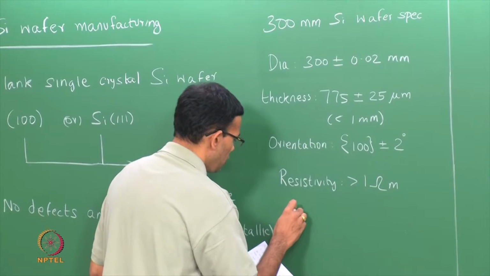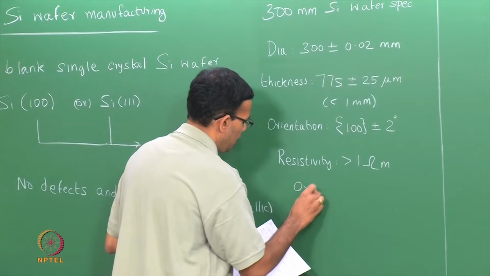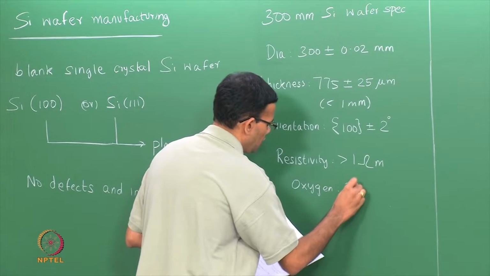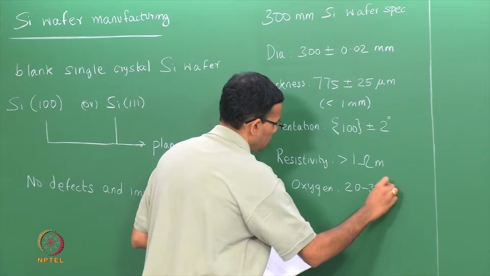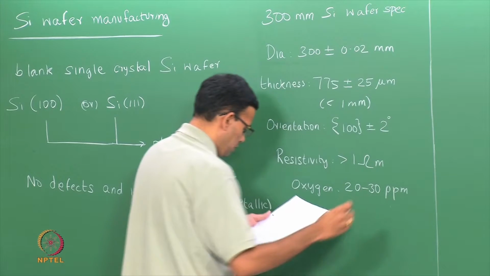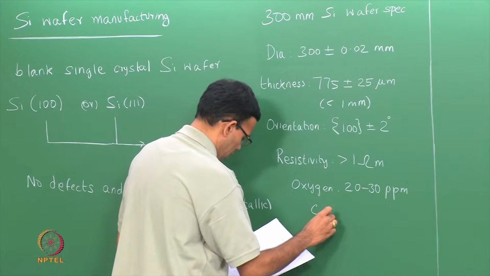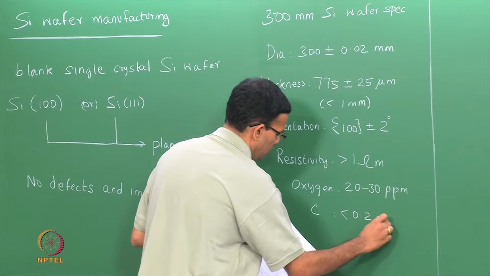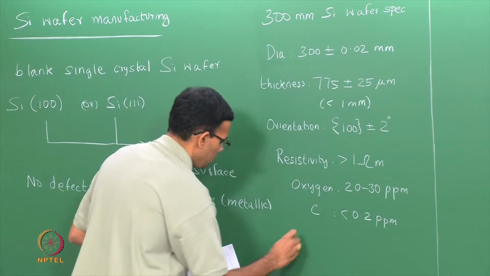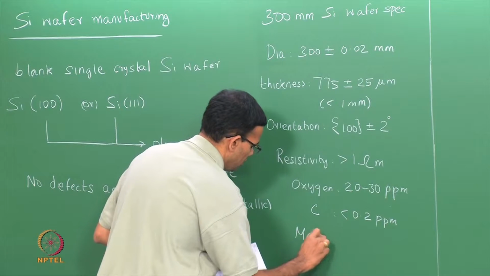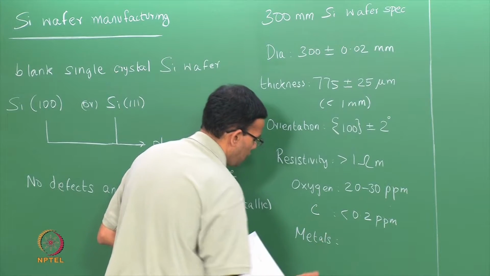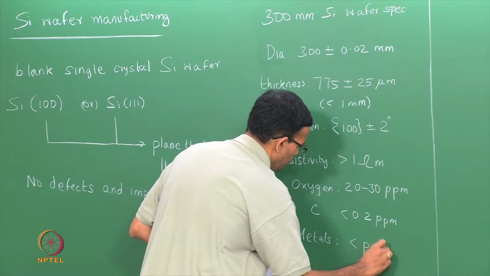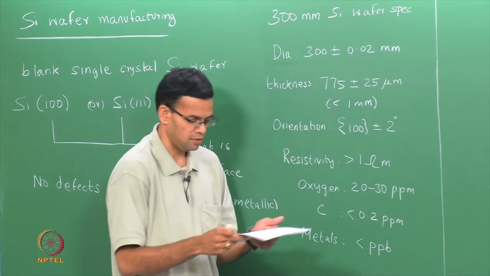If you also look at contaminants, oxygen levels should be around 20 to 30 parts per million, and carbon and metals, usually aluminum and iron are some impurities, should be of the order of parts per billion.